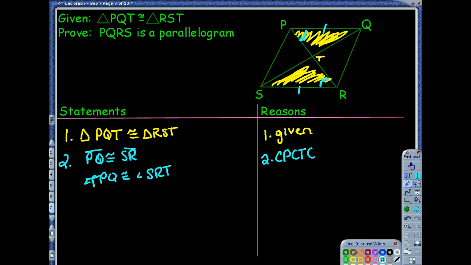Because I'm noticing, well, they are congruent because those triangles are congruent. I'm noticing that those angles are alternate interior angles. Okay. And I know if alternate interior angles are congruent, that proves some parallel. And so I can go ahead and say in step 3 that segment PQ is parallel to segment RS, or SR, however. And that's because of AIAT converse.